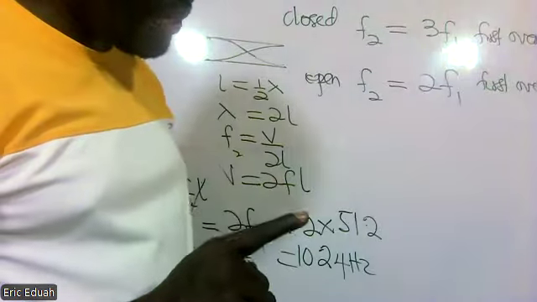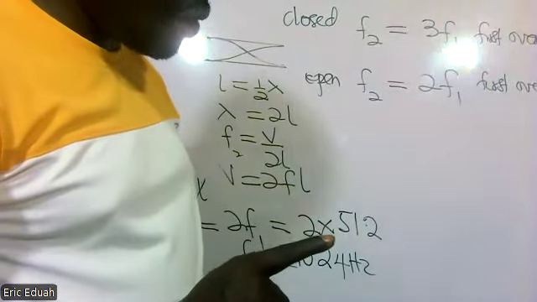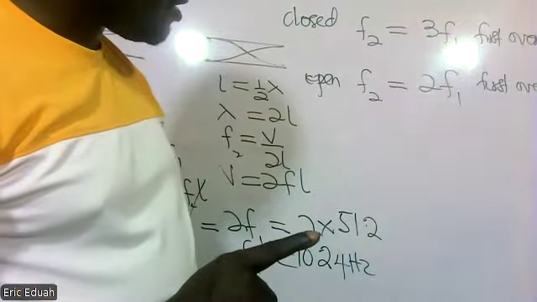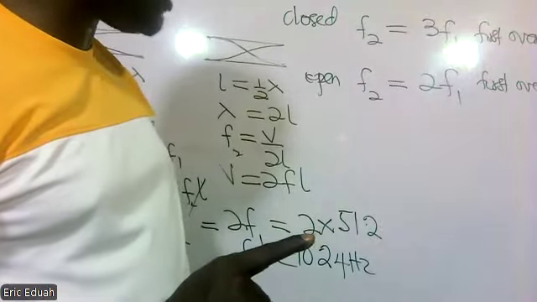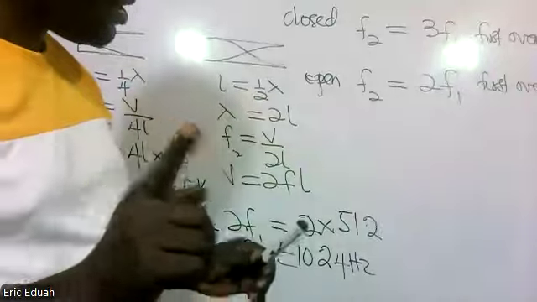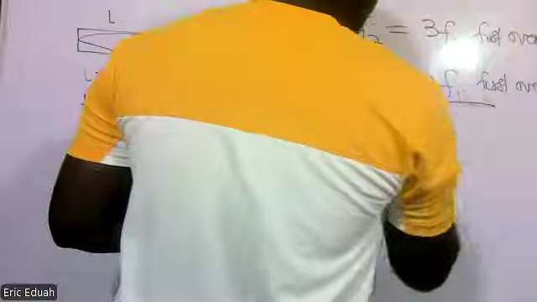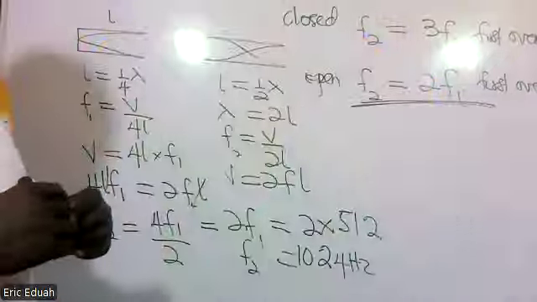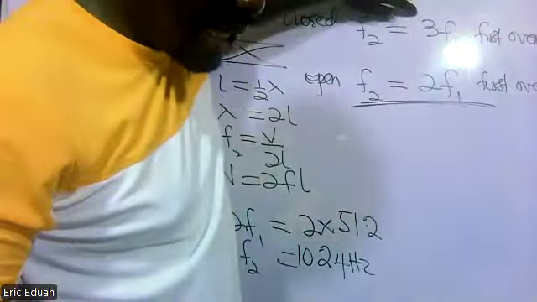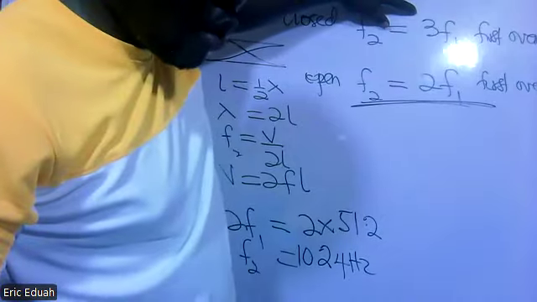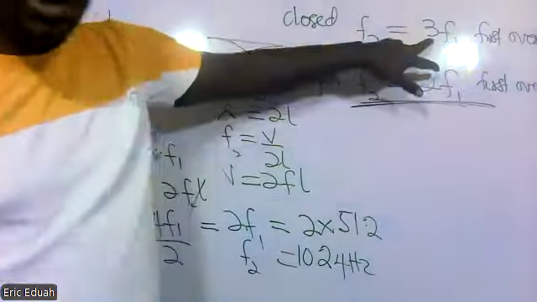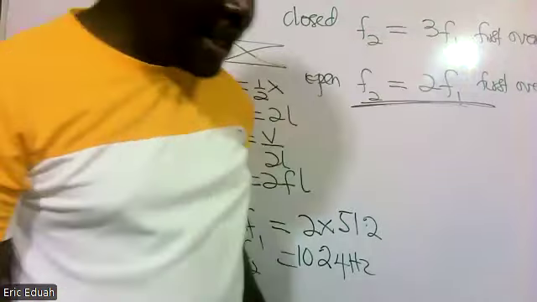B says it has twice the fundamental frequency of an open tube of the same length. But this is not twice, this is 3. So B is also out.